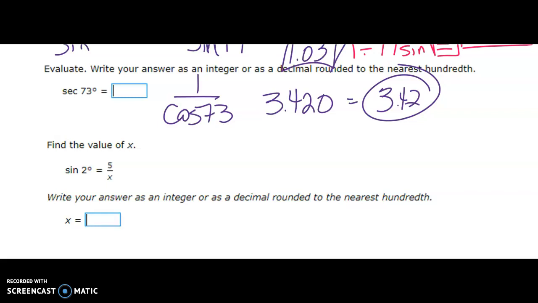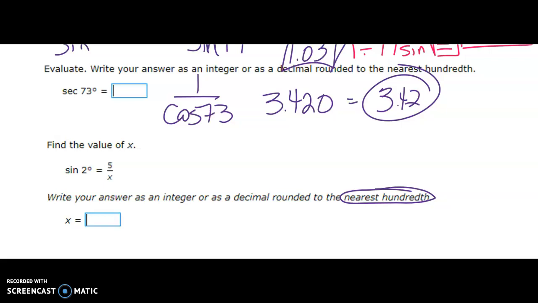Yeah, okay. Now, sine 2 equals 5 over x. Well, first we need to know what sine 2 is. Well, no. I'm going to back up. We don't want to round until the very last step, because if you round at the beginning and then you have to round again and then again, you're just rounding a rounded number, and it's going to get off after you round so many times.